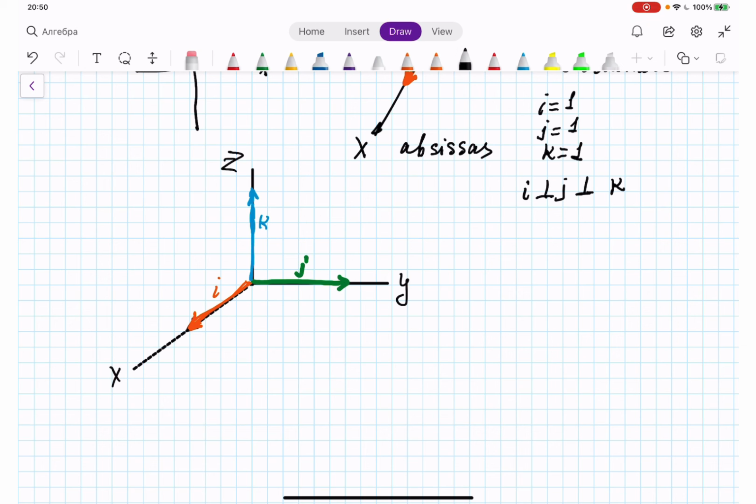I have here vector V1, which we'll call the expanded vector, V2, and this is V3. Let me clean this.